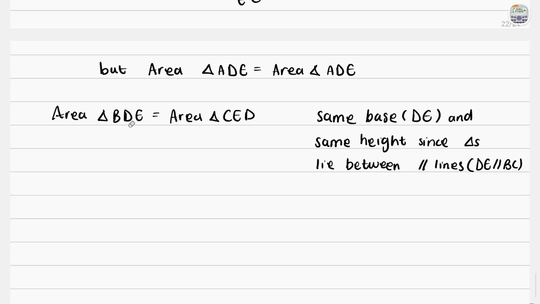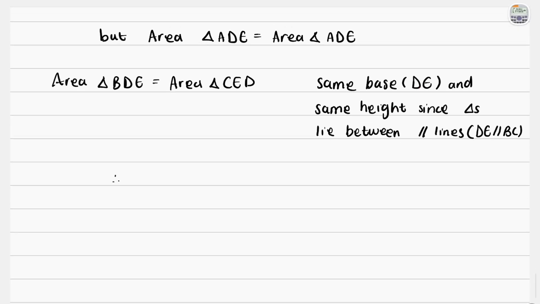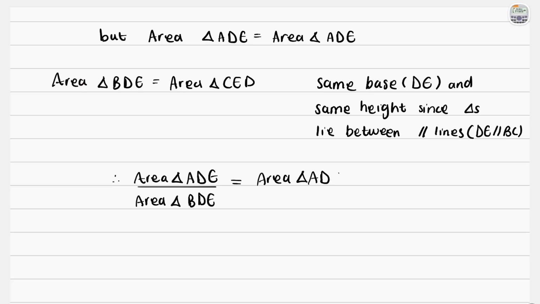Okay, and so since their areas are the same, this would conclude that the area of triangle ADE over the area of triangle BDE is equal to the area of triangle ADE over the area of triangle CED.